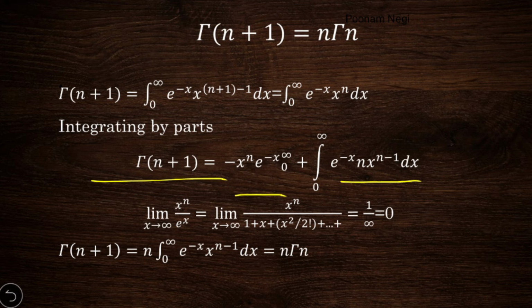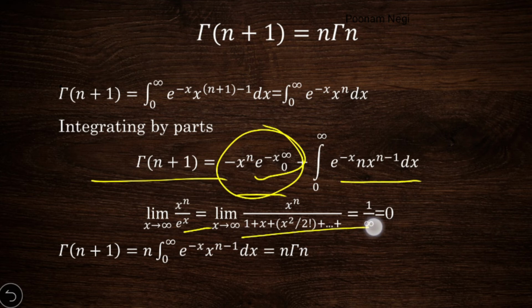Now calculate this limit. It will be the limit as x tends to infinity of x to the power n upon e to the power x. Now expand e to the power x, and we have the limit as x tends to infinity of x to the power n upon 1 plus x plus x square by factorial 2 and so on, which will give us 1 upon infinity, and the result will be 0, meaning this first term equals 0.